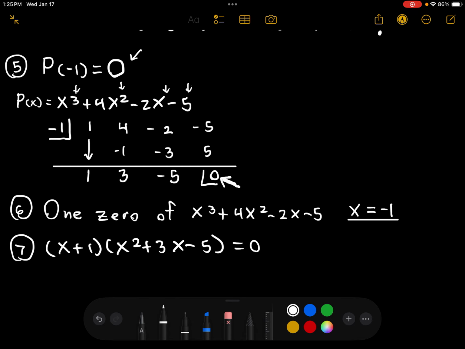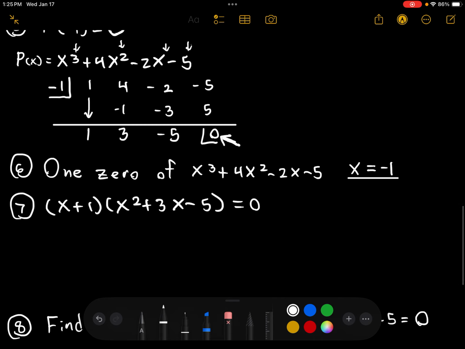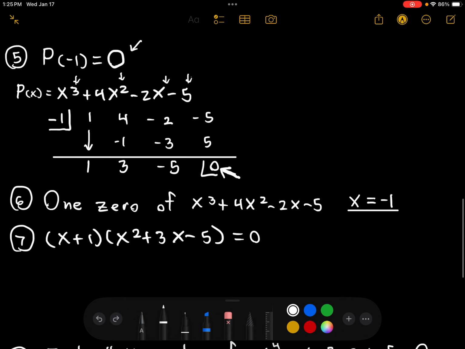Now, number 7 gets a little bit more complicated because it's asking me for another root of x cubed plus 4x squared minus 2x minus 5. So same problem, this is still asking me for another root. Now, notice that I didn't write this, I wrote it like this. Why did I write it like this? Well, because I know that x plus 1 is a factor. Now, how do I know that x plus 1 is a factor? Because if x was equal to negative 1, that means that x plus 1 was the factor that I was looking for.